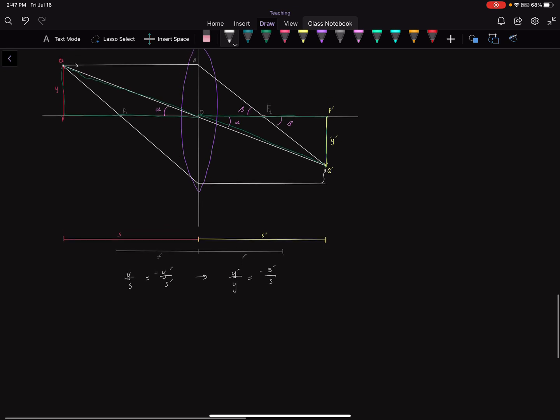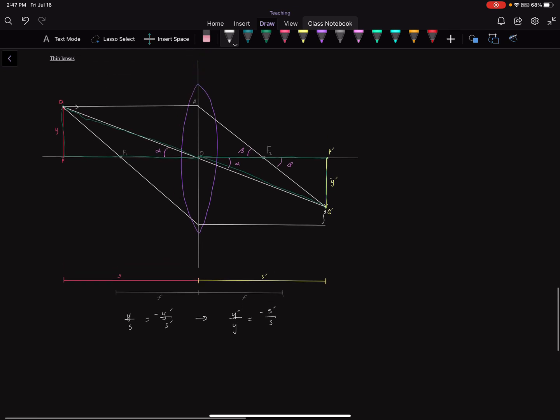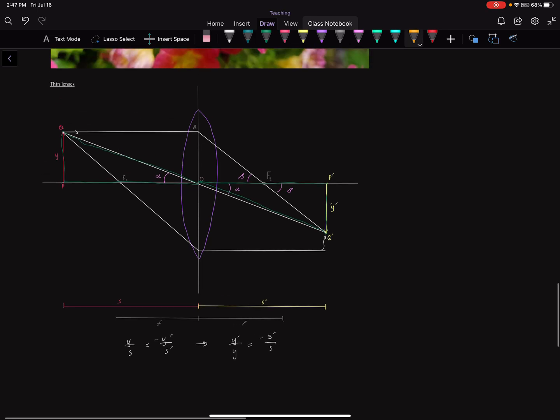So same goes for triangles OAF2. I'll go orange because we're going to use blue later. OAF2. So this triangle here, here, and here, as well as P prime, Q prime, and F2.